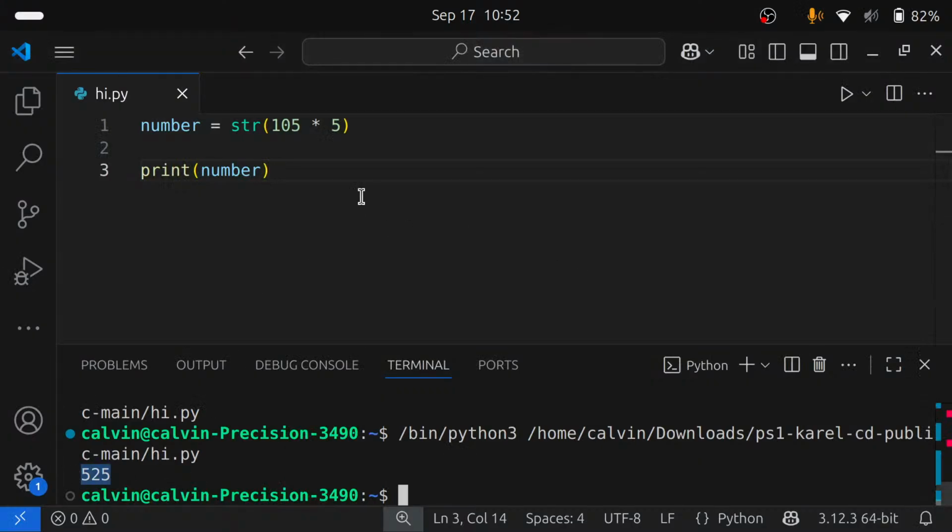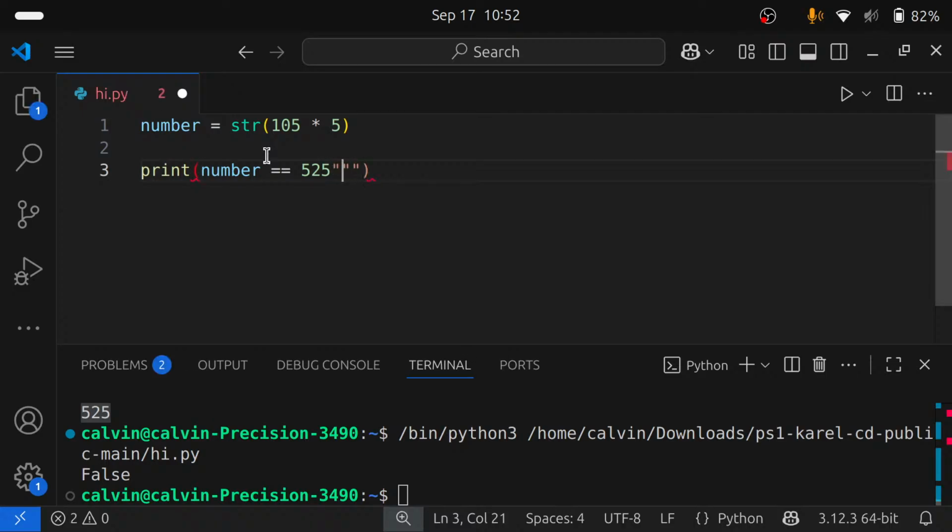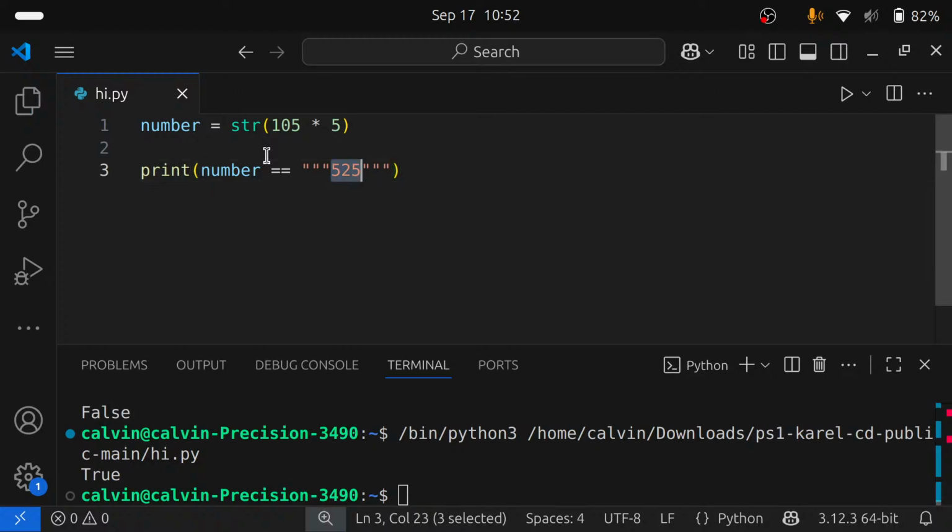Okay, so, fun fact. This thing does not equal 525. Those are completely different things. You have to put 525 in quotation marks. Specifically 3 quotation marks. That's not true. I lied. You can put it in any quotation marks you want.